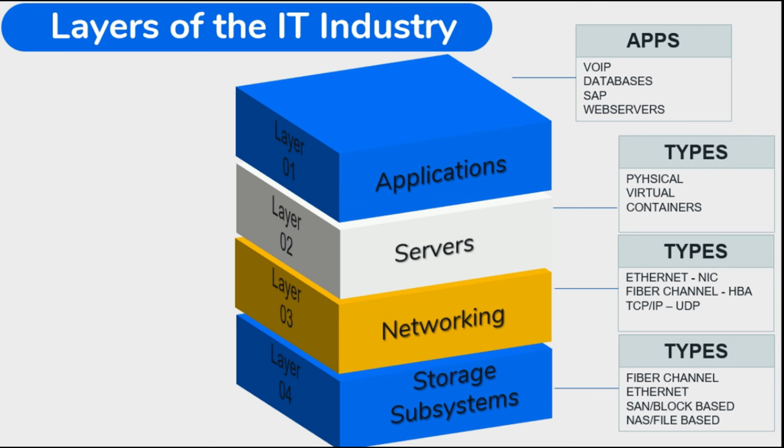Your server could have had a patch update which contradicts with the binaries of your applications, which could be causing a performance level issue, or there could have been a networking level change which could be causing a performance issue on your networking, which is not suitable for your application. So when you look at it, you have to understand that each of these layers impact the overall performance of the top layer, which is the applications layer.